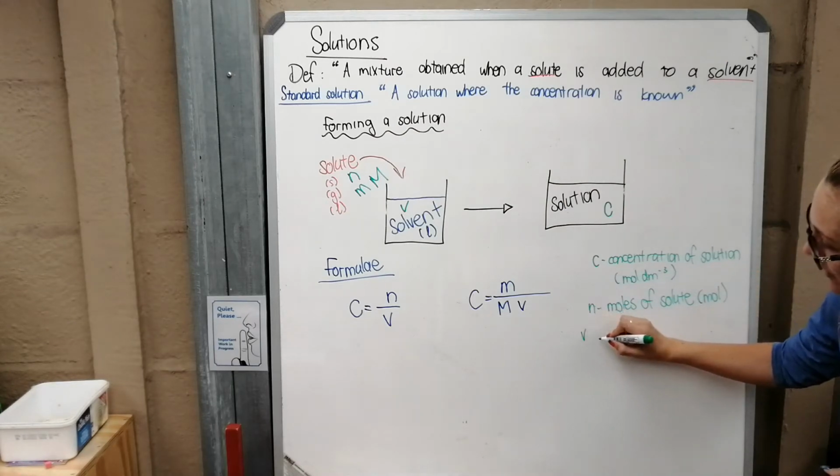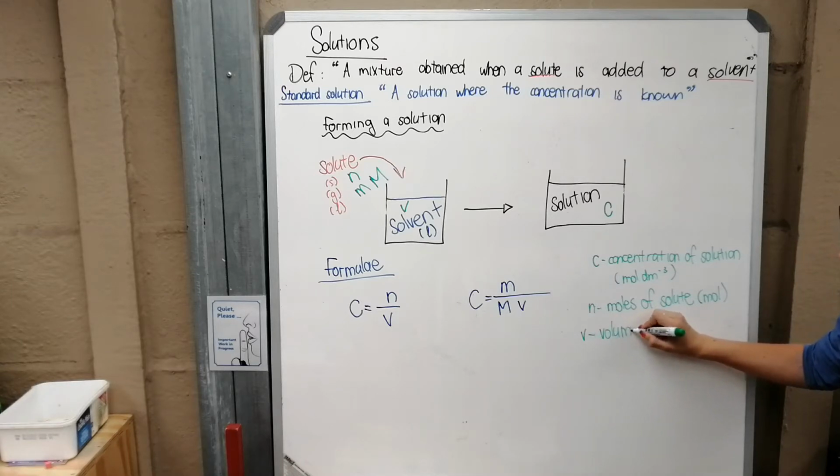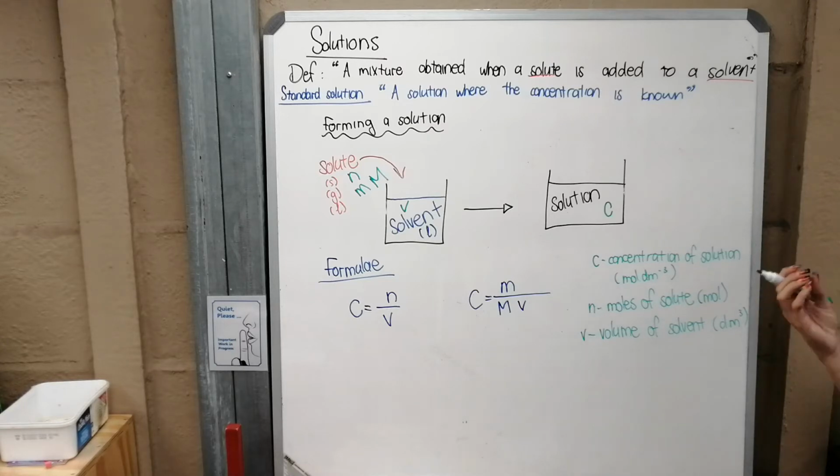Our V, a lowercase v, is the volume of the solvent, and that's measured in decimeters cubed, same as the V in the equation we did yesterday with gases. Okay, so same units of measurement.